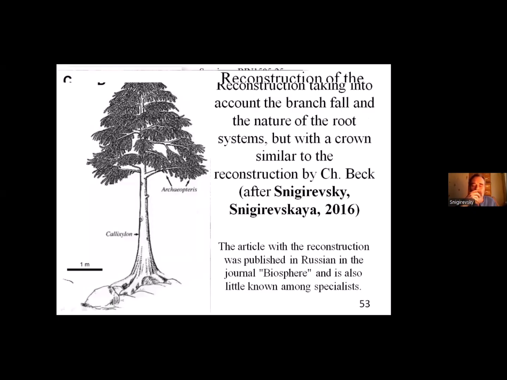Then in 2016, we suggested a new reconstruction, like a Frankenstein from two parts of Archaeopteris trees: roots of Bonnet's type and the crown of Charles Beck's type.